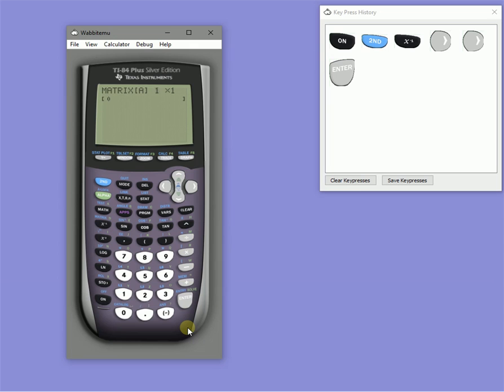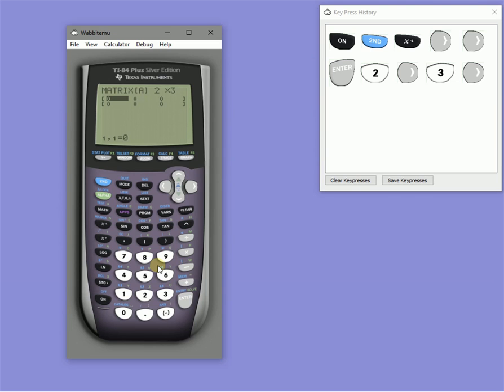In this case, I'm going to put in a 2 by 3. So type in 2, arrow over, and 3. Notice, I am getting a 2 by 3 matrix for me to type in.